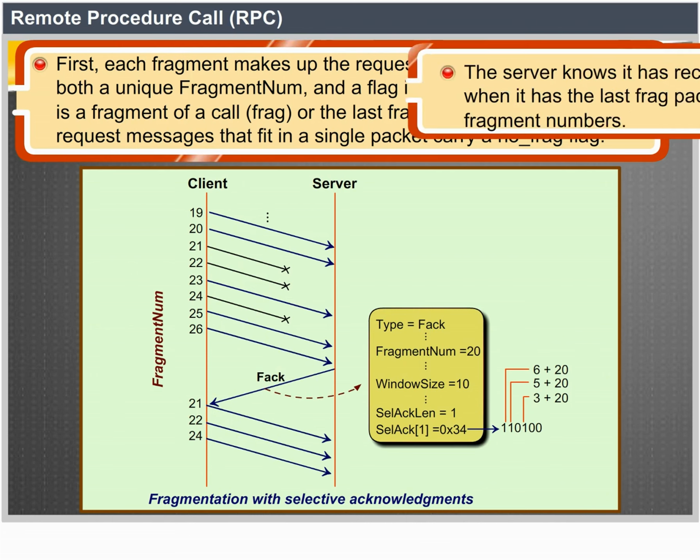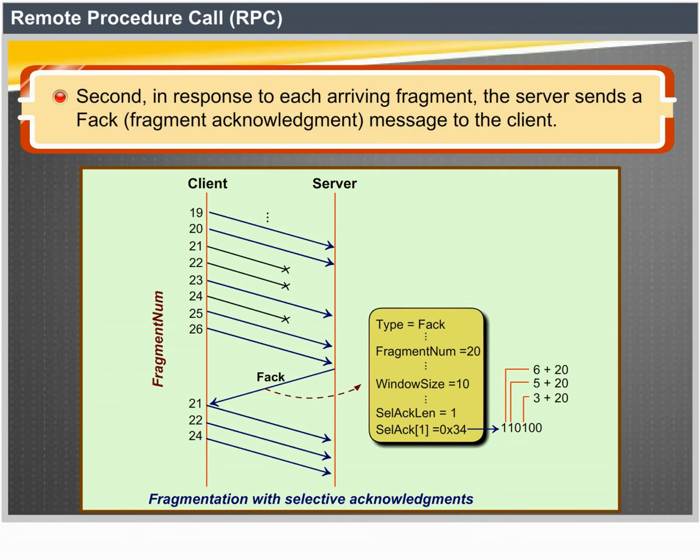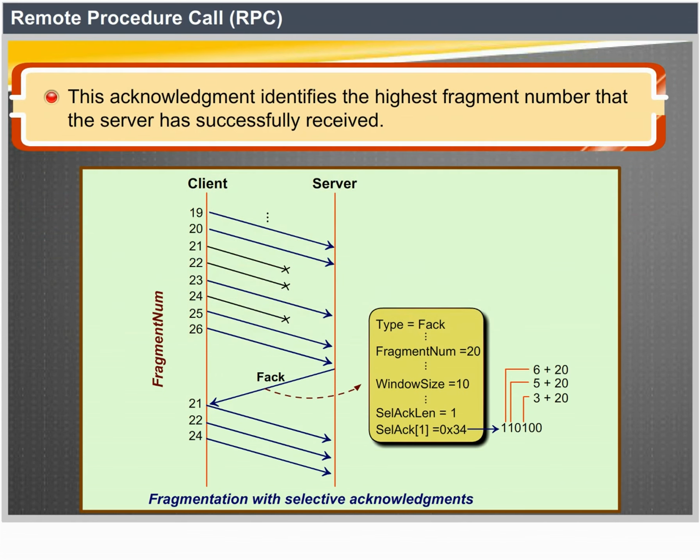The server knows it has received the complete request message when it has the last frag packet and there are no gaps in the fragment numbers. Second, in response to each arriving fragment, the server sends a FACK, fragment acknowledgement, message to the client. This acknowledgement identifies the highest fragment number that the server has successfully received.